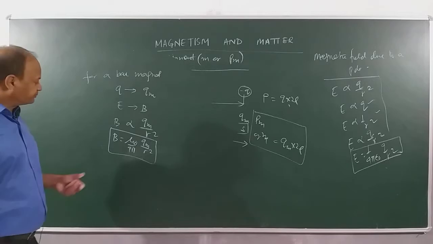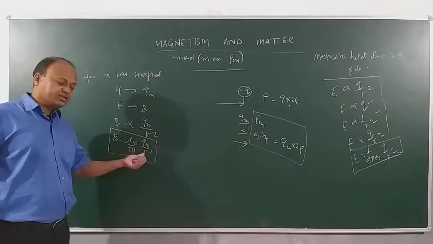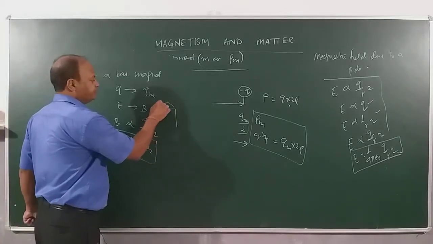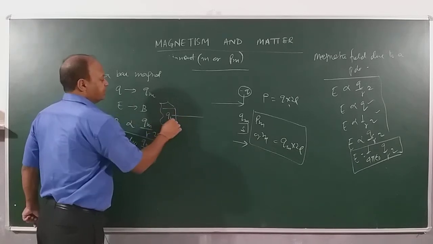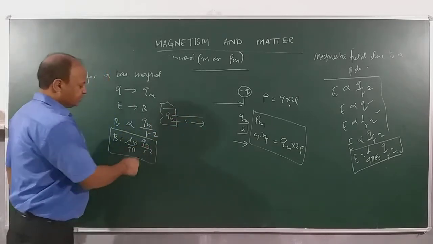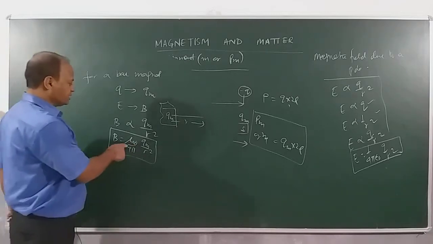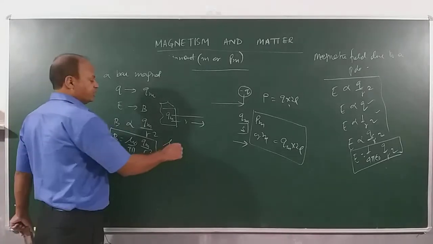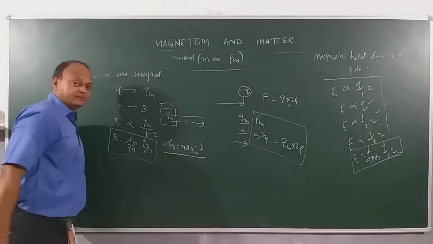This is magnetic field due to a given pole strength Qm at what distance? R. If I can imagine a pole out here, this is a pole having pole strength Qm, then at distance R, what will be the field? Mu naught by 4 pi Qm by R square. And mu naught is permeability of free space, which we had already done, 4 pi into 10 power minus 7, right?